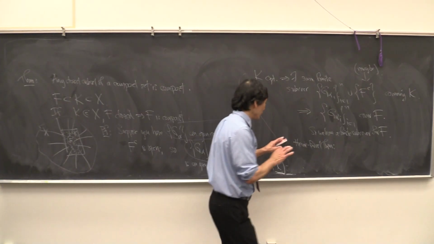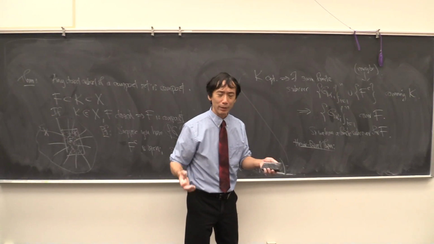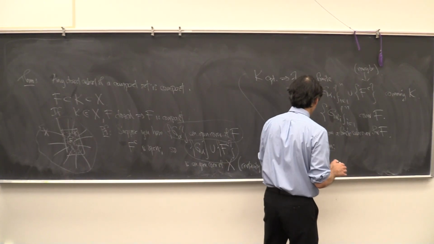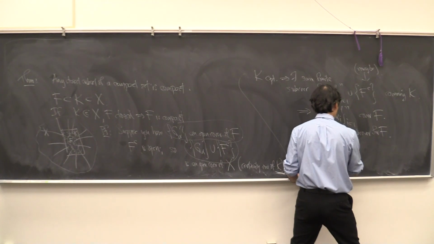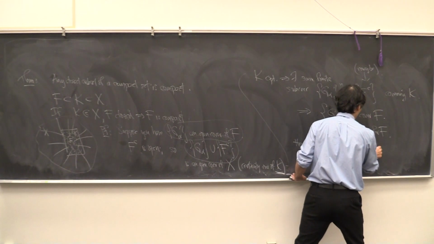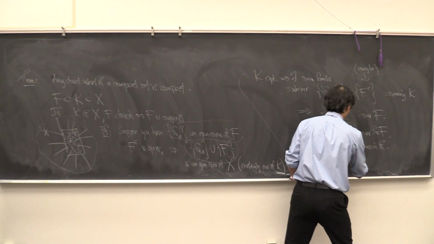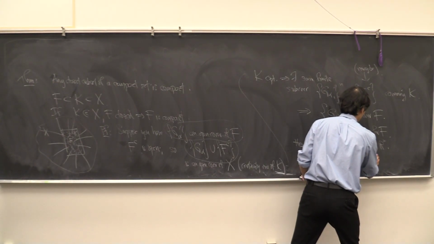So like I said, we might look like we're doing all these odd peculiar facts. The real goal here is to get to this thing called the Heine-Borel theorem, which gives a characterization of compactness in Rn. It shows that compactness in Rn is equivalent to being closed and bounded.